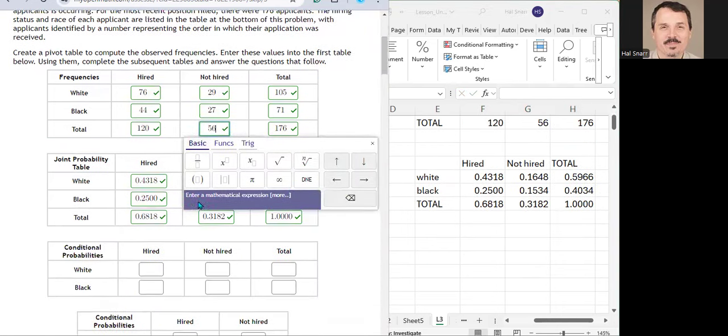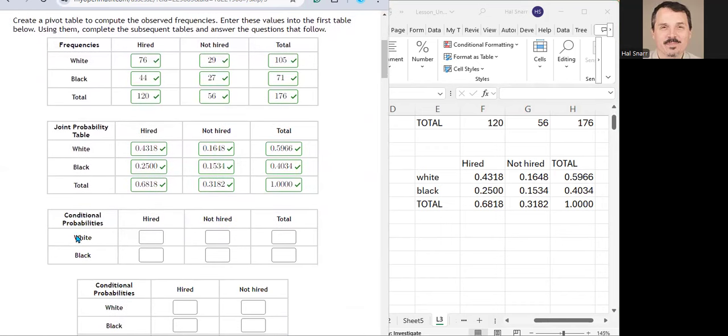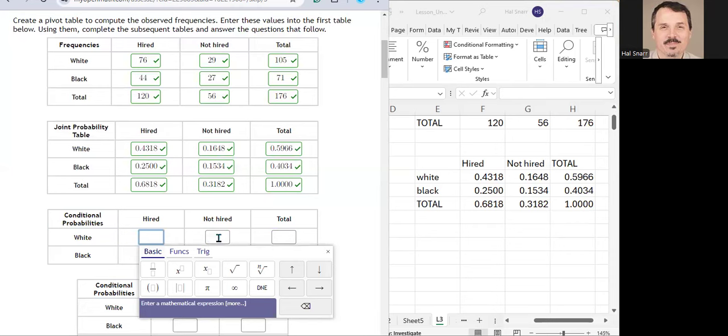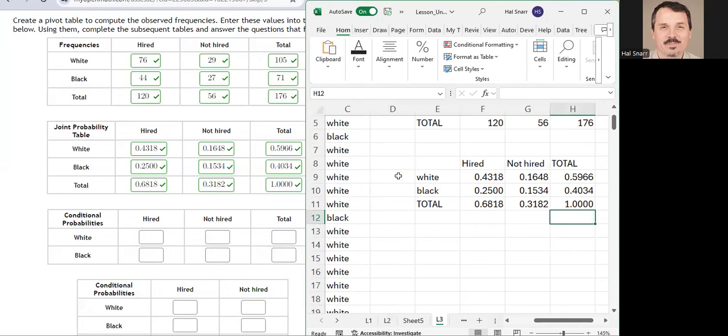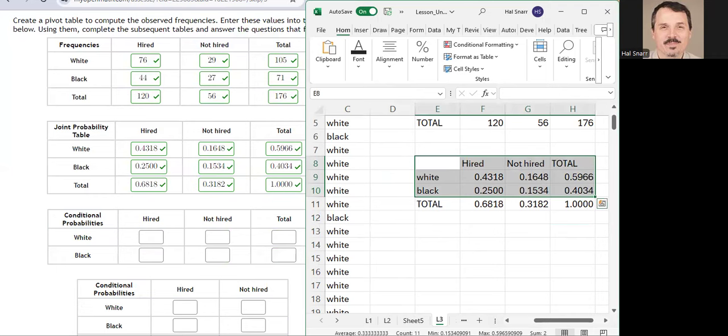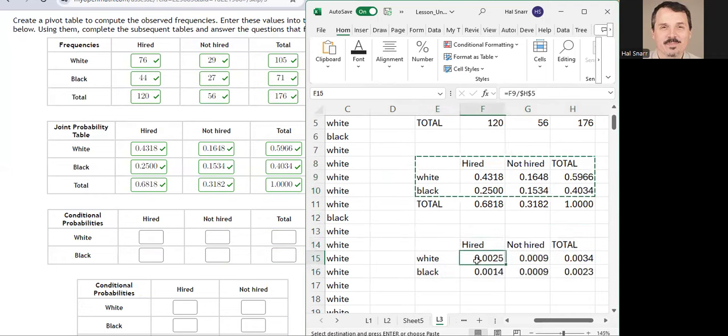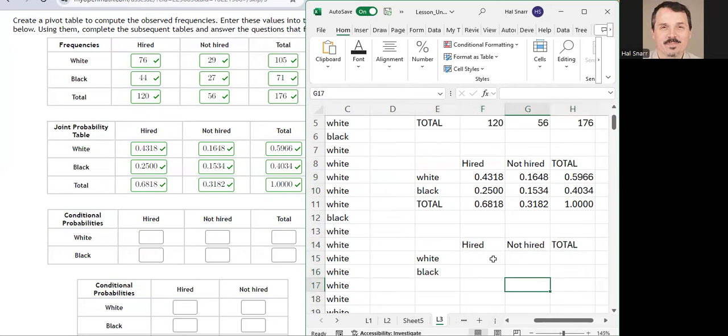Okay. Now we need conditional probabilities. So here we're going to look at, given that the applicant was white, what's the probability of hired and not hired, right? So what I'm going to do here is copy these rows down here, and get rid of the numbers. Now, to calculate the conditional probability here, this tells us that we're conditioning on white or we're conditioning on black, right?